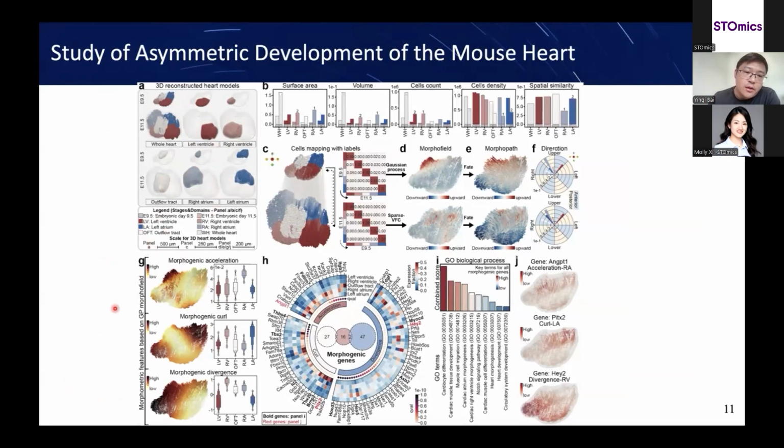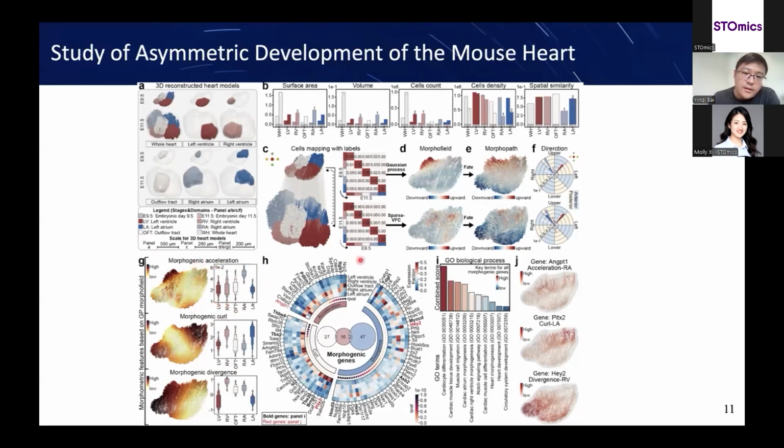So when we calculate all the differential geometries, we find that in acceleration, divergence, or curl, the left ventricle is most conserved, while the other 3 chambers, as well as the outflow tract, have different features in these geometric calculations.